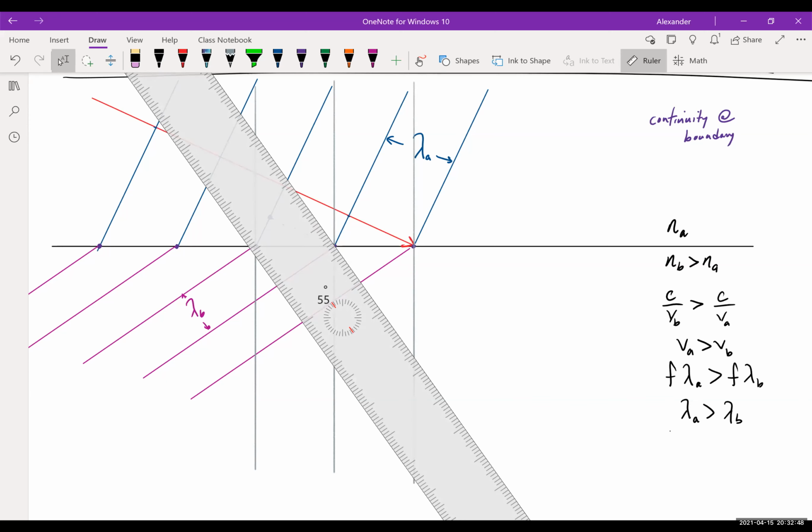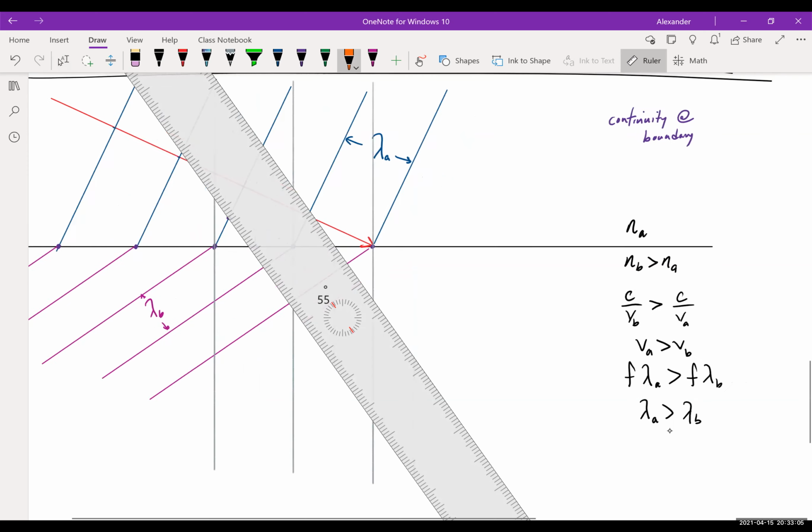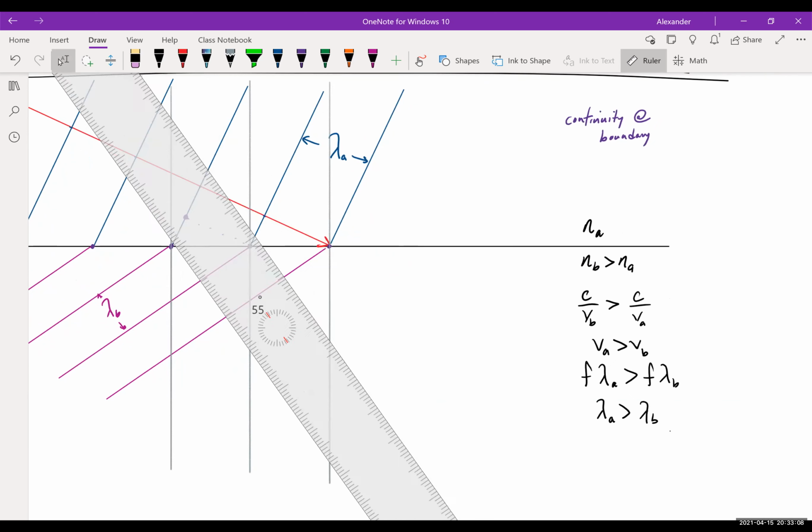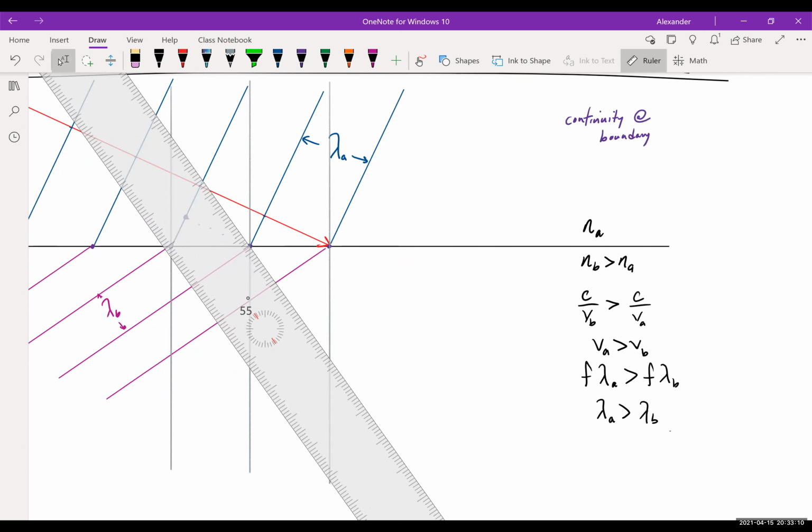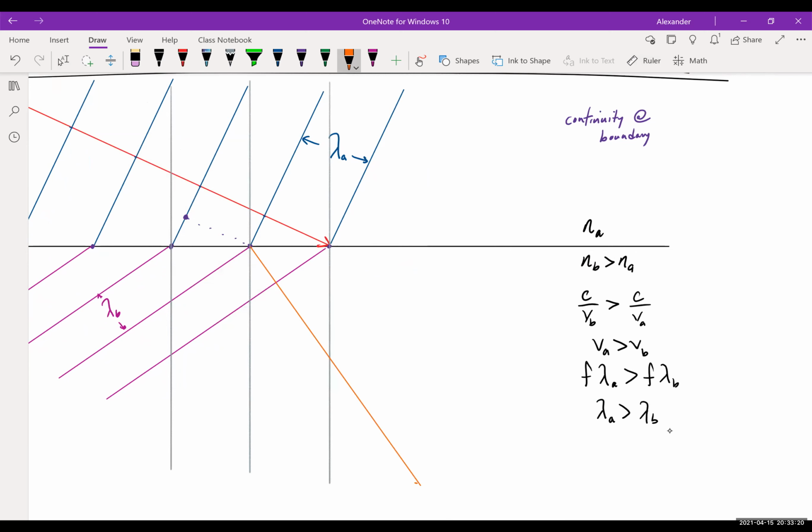For simplicity, we usually draw only one ray, but there are actually a whole collection of parallel rays that are all perpendicular to all these wave fronts. And one of them hits this spot and propagates away in this direction. Perpendicular to those wave fronts.